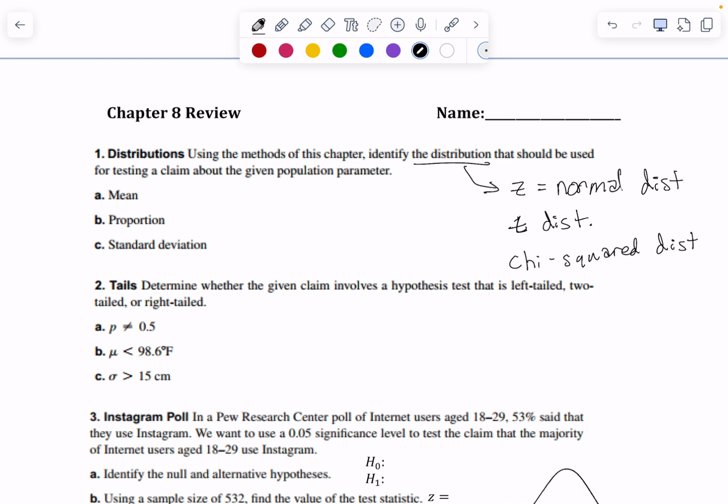Basically, it's like which chart are you using, right? We got to match them up. We got to figure out which ones go to which. Those are your options. You have the Z, the T, or the chi-squared.